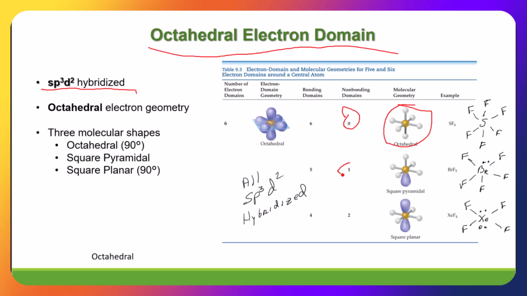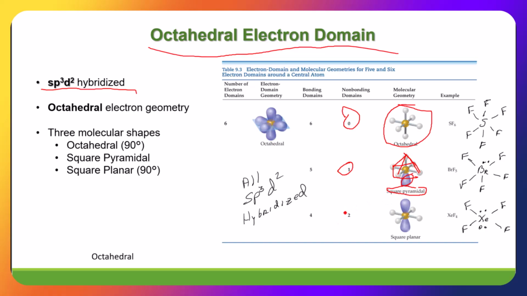If we put one non-bonding pair of electrons on the central atom, it doesn't matter where they go because all the domains are the same. They'll go into any one of those locations, and they produce a molecular geometry which we call square pyramidal. You can kind of see the square there, and then they all go up to the point of the pyramid. And down here below, you've got the non-bonding pair of electrons.